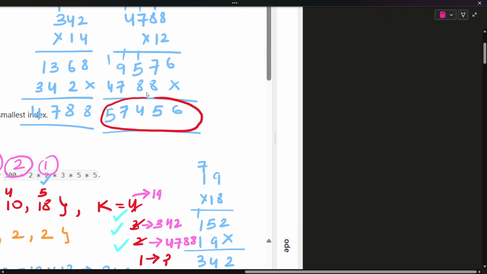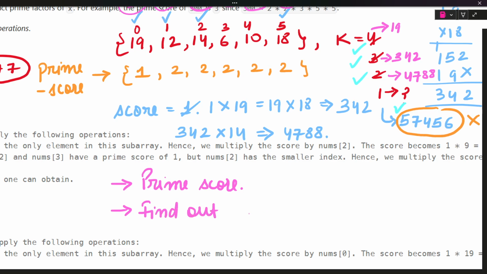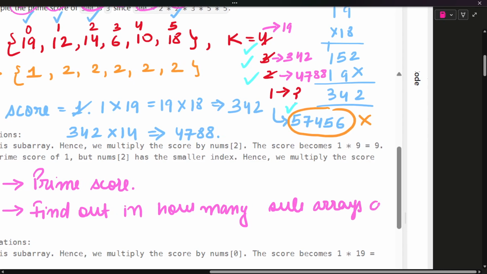Let's see what the observations are here. The first thing we need to do is find out in how many subarrays a number is dominant.